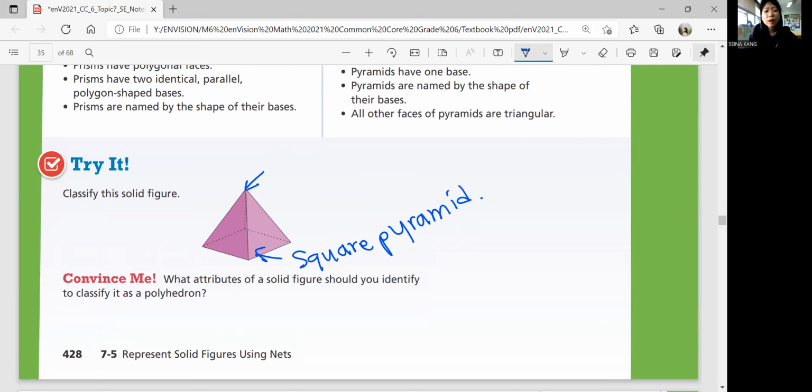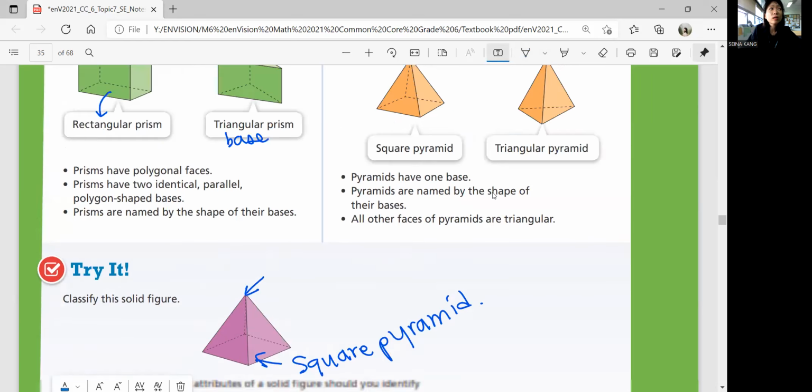All right, convince me. What attributes of a solid figure should you identify to classify it as a polyhedron? What's a polyhedron again? These are all types of polyhedrons.